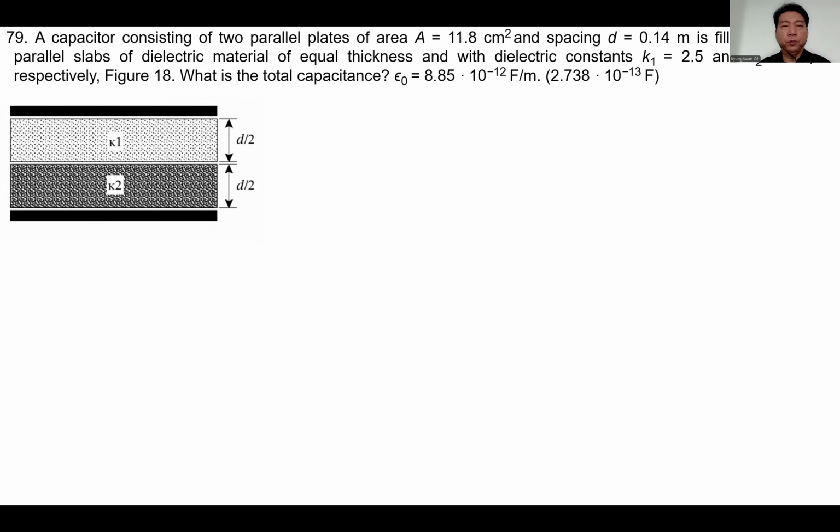That means this spacing is filled by d over 2 thickness of kappa 1 on the top, and d over 2 at the bottom half with the dielectric material of kappa 2. What is the total capacitance? That's what we need to find out.